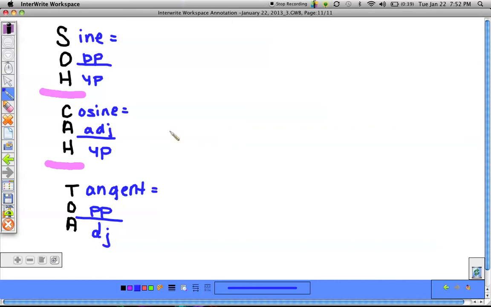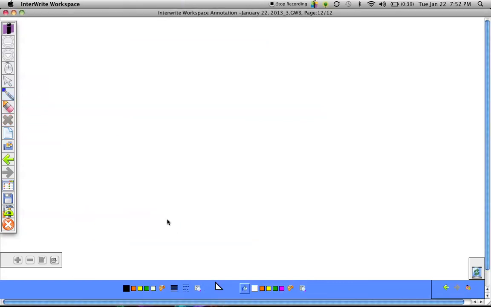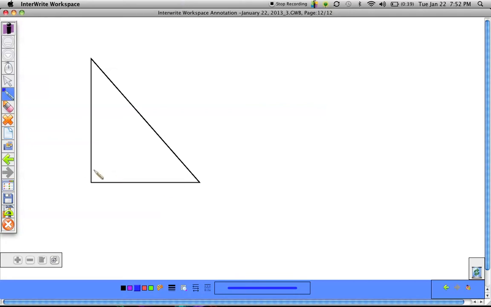So let's see if we have time to do one example. This would be an example where you're trying to solve for a side length. So let's go ahead and draw this triangle. We'll make it a 90-degree angle, and we'll label it, let's label it cat again. And we'll say that this is x and this is 7.